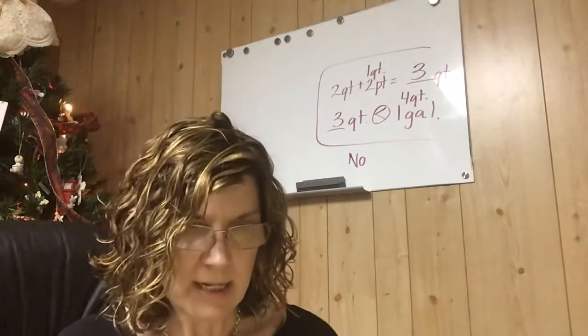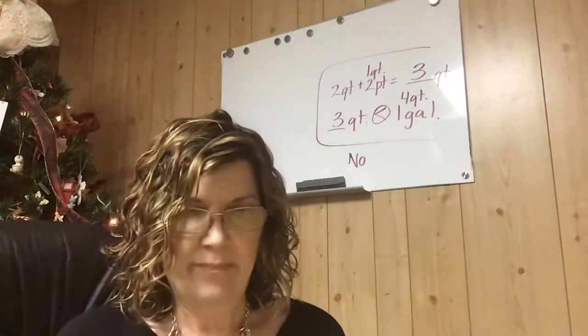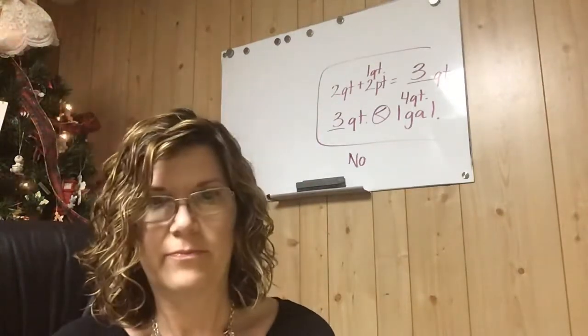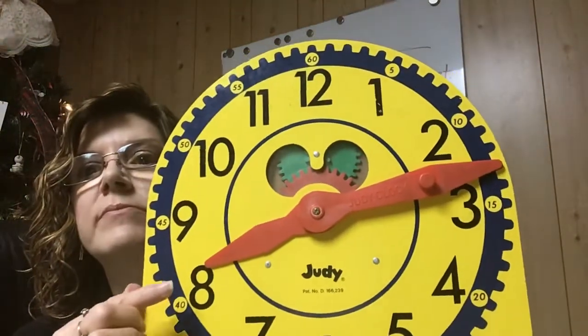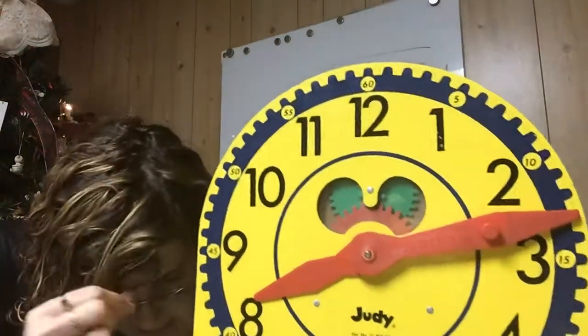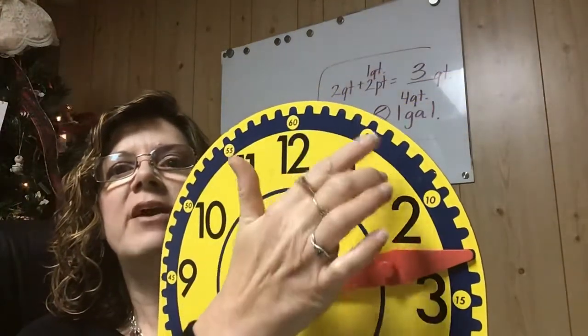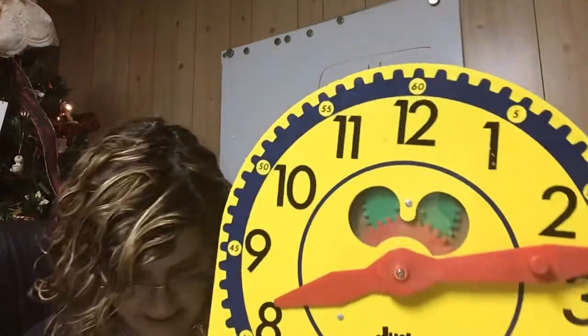Very good. All right, the next one looks like this. Shorthand first. 8. Very good. So put 8 in the longhand by 5s, 5, 10, then count by 1s, 11, 12, 13.